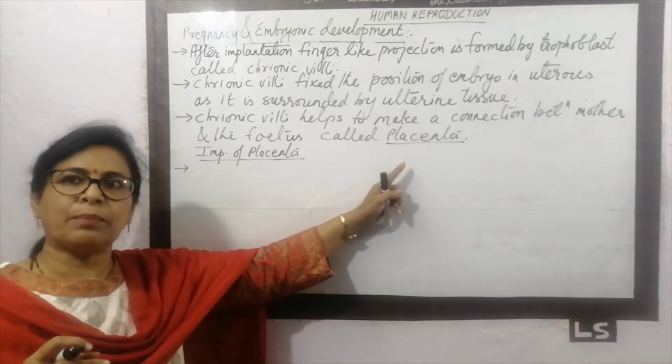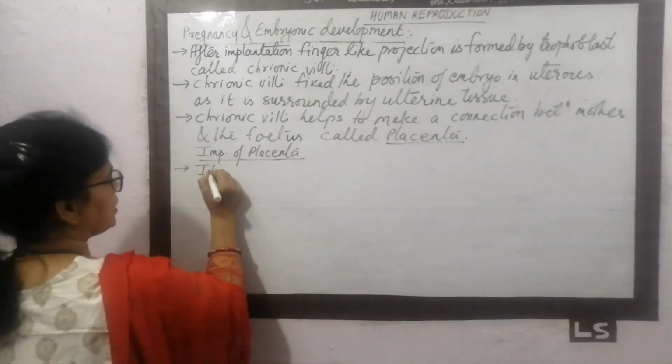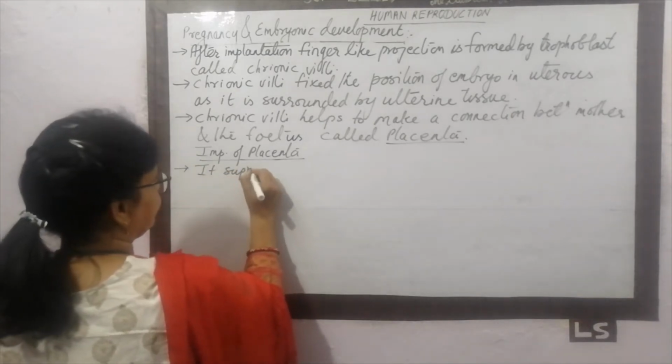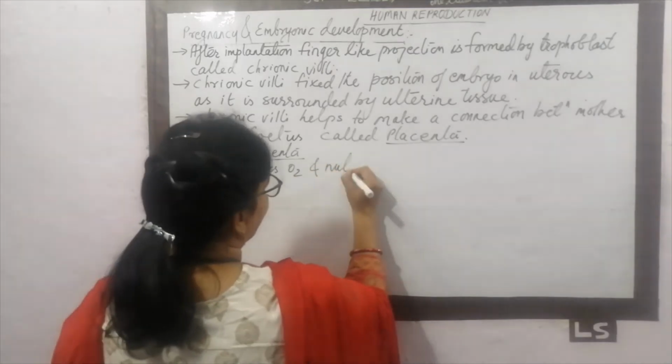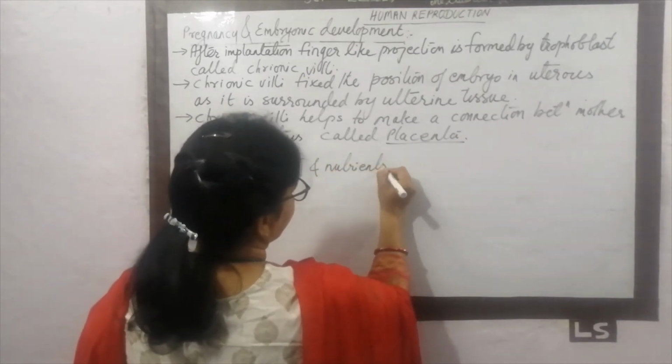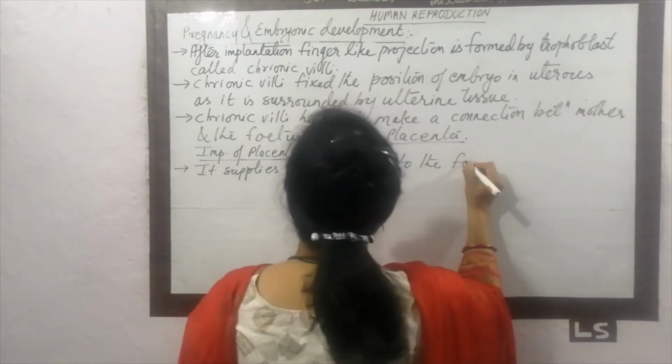Placenta supplies oxygen and nutrients to the developing embryo or the fetus.